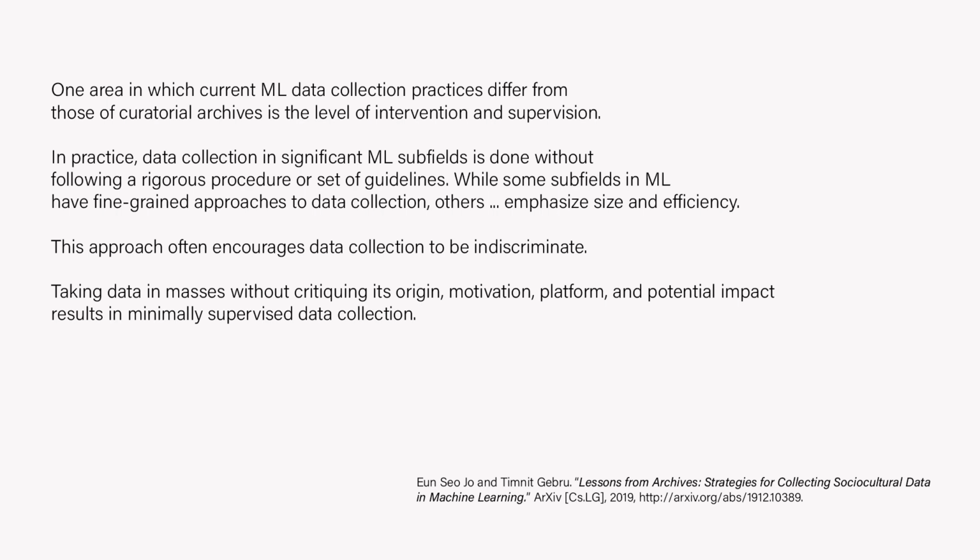While some subfields in machine learning have fine-grained approaches to data collection, others emphasize size and efficiency. This approach often encourages data collection to be indiscriminate. Taking data in masses without critiquing its origin, motivation, platform, and potential impact results in minimally supervised data collection. And that brings us to some of the examples that we saw here.